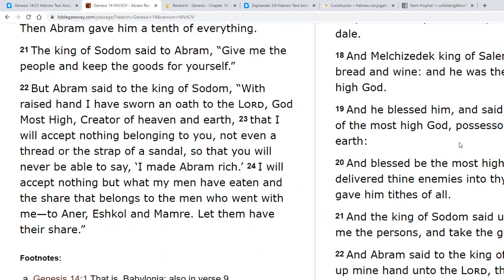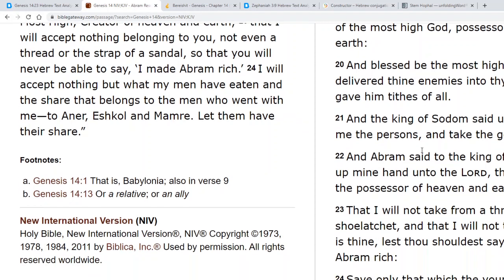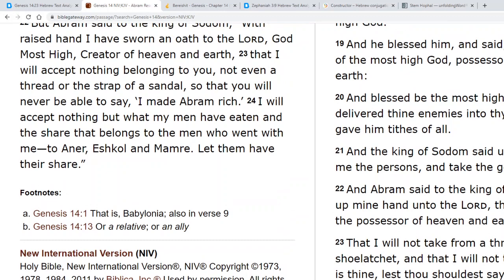Okay, King James verse 22. And Abraham said to the king of Sodom, I have lift up mine hand unto the Lord, the Most High God, the possessor of heaven and earth.